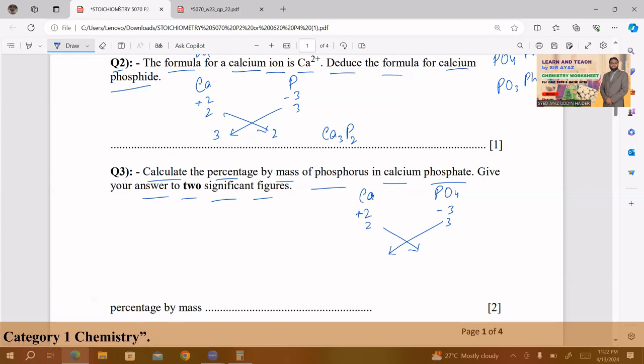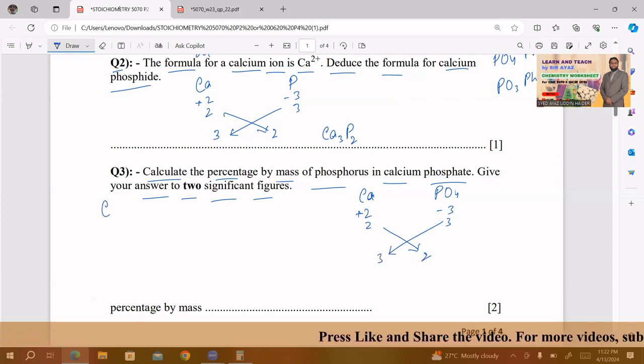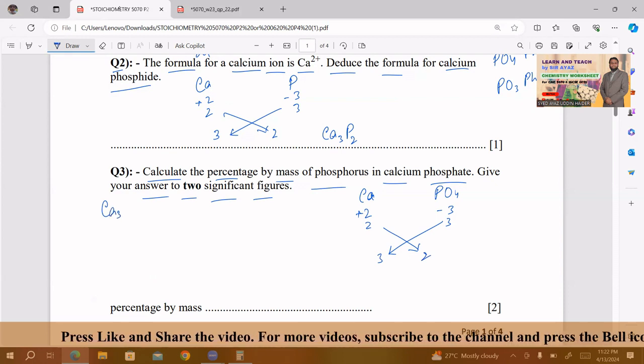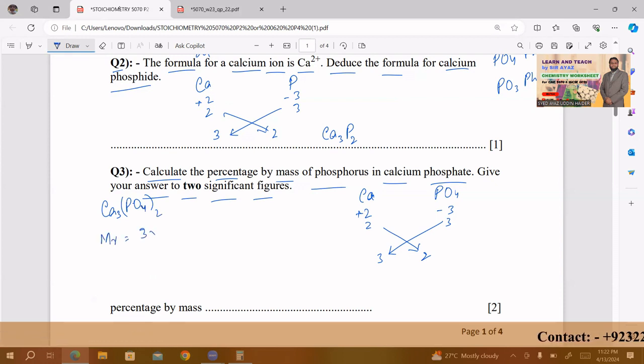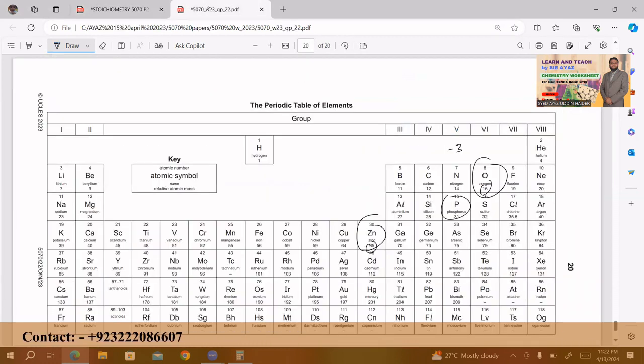subscripts will be exchanged. What we will get? We will get Ca3(PO4)2. Now we need to find the Mr of this. We have 3 atoms of calcium. So 3 multiplied by, calcium is in group 2, Ar is 40.